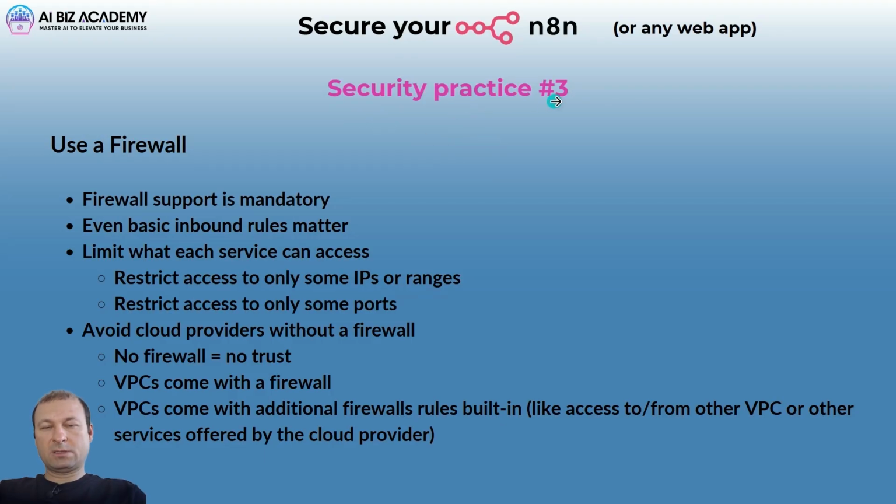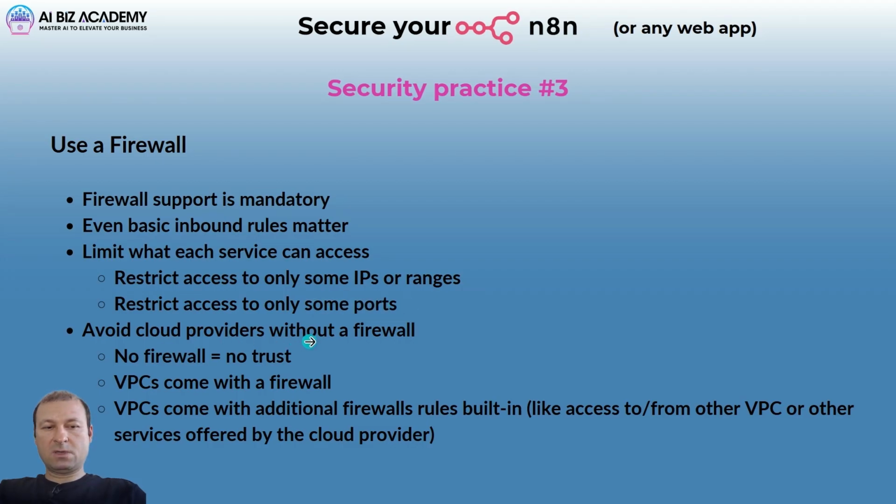Security practice number 3. Use a plain old good firewall. This rule is absolutely mandatory. Even the basic inbound rules matter because you can restrict access to your services to only some specific IPs or ranges of IPs, and also, of course, restrict access by ports as well.